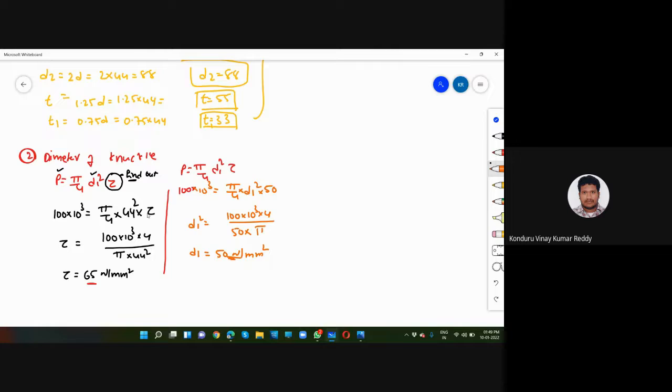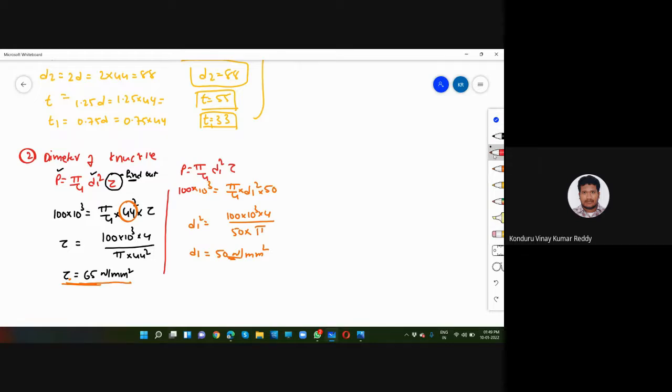If you see, 44 and 50 have a difference of only 6 millimeter. So you can go with the value you have got over here, and you can consider that a safe design. If not, you can go for the actual diameter. The actual diameter of the knuckle pin should be 50 millimeter.